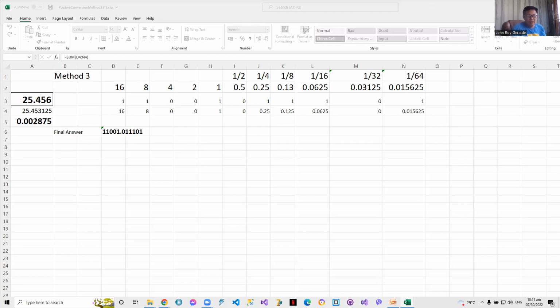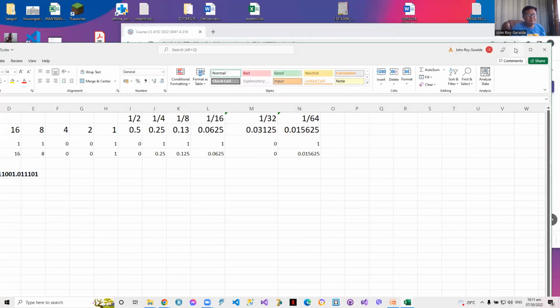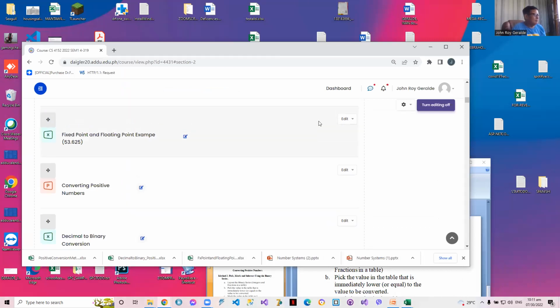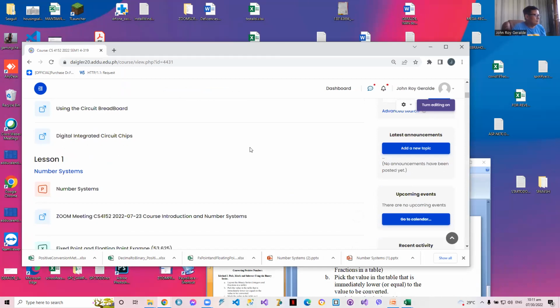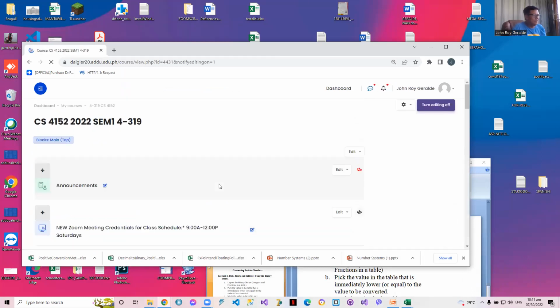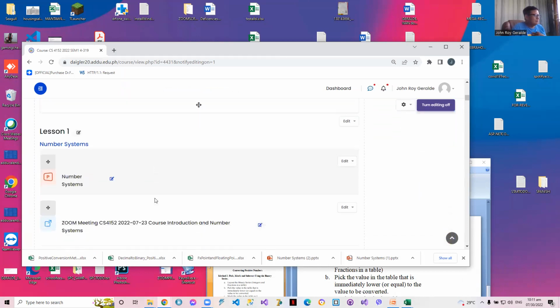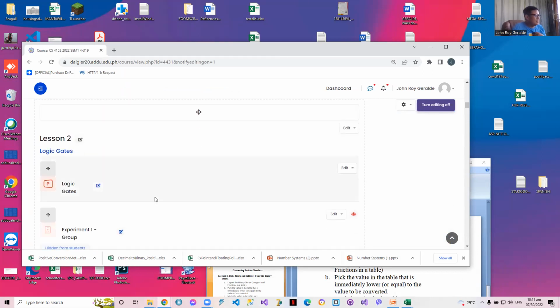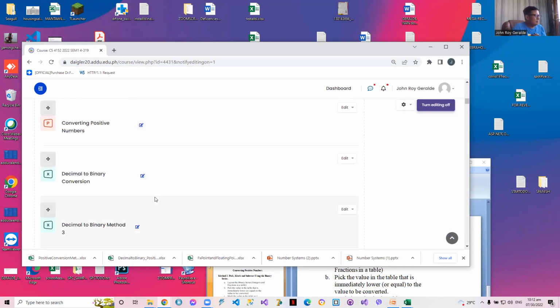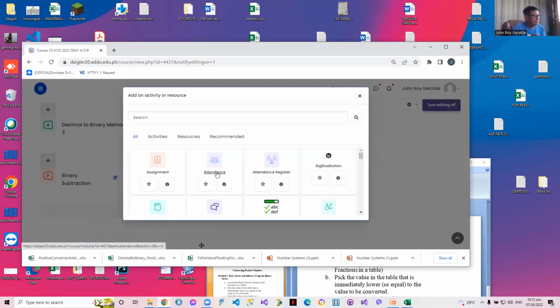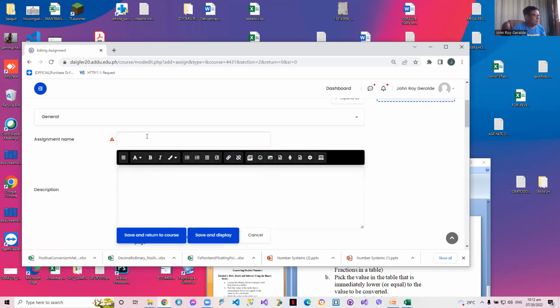Floating point. Okay. Post ko muna, no? Hindi ko pa na, ano. Excel, no? Pass the Excel worksheet. Okay, no?